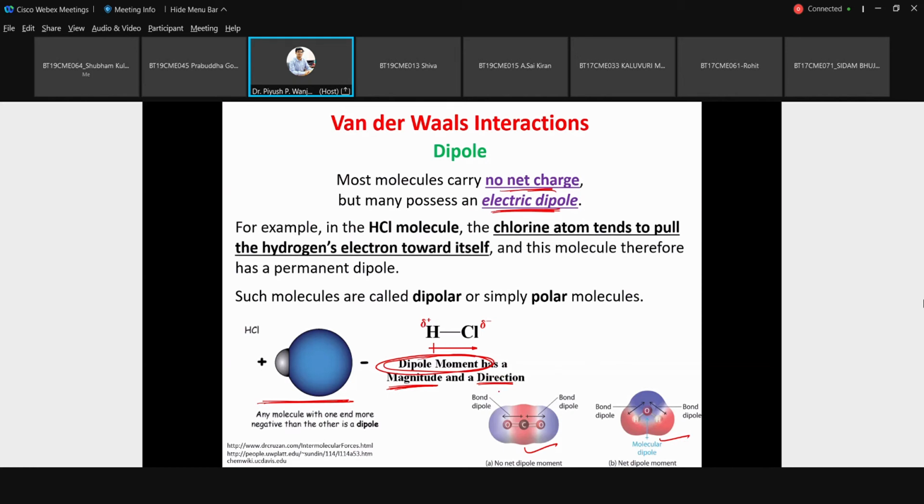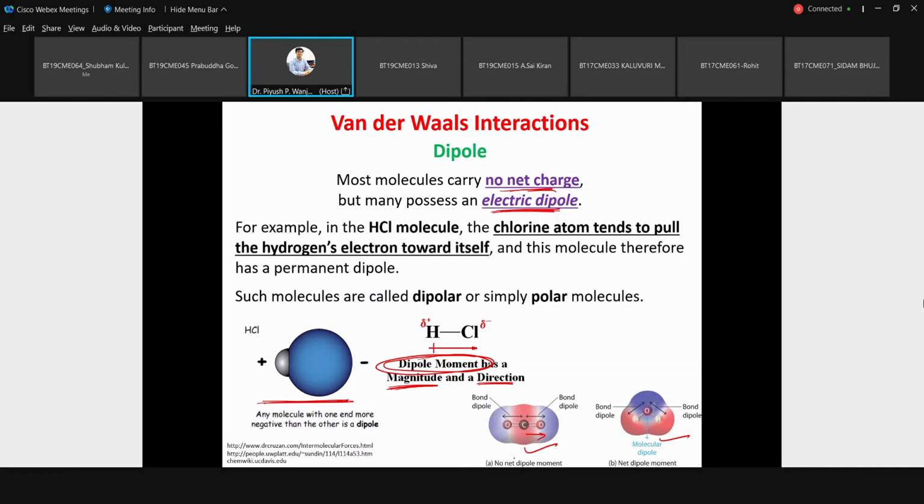They have, but sometimes the dipole moment can even be cancelled out. If you take the example of the CO2 molecule, you can always see the carbon will be electropositive and the oxygen will be electronegative. So some kind of dipole moment, like HCl, will be there. But what is going to happen in this particular case is that for the other bond, the dipole moment will be exactly the same and it will be cancelled out.